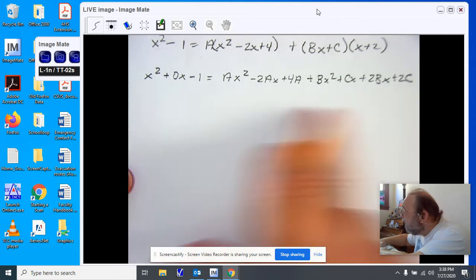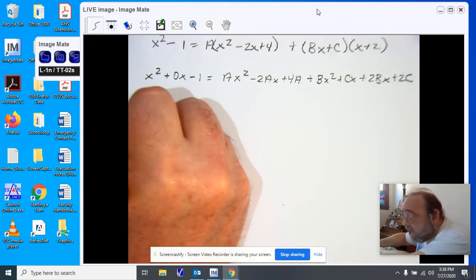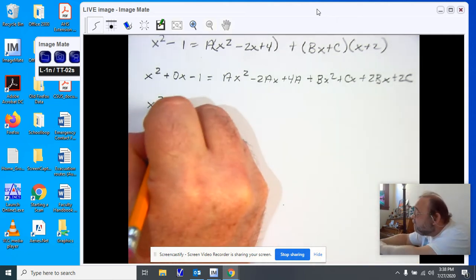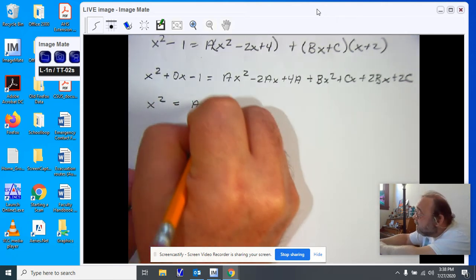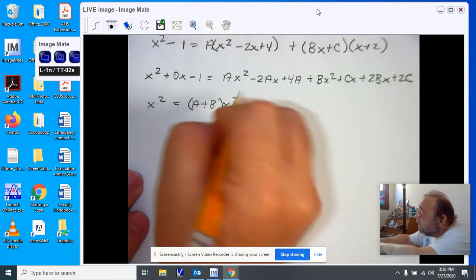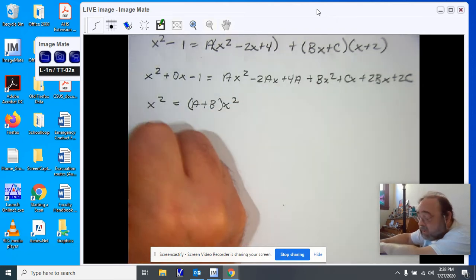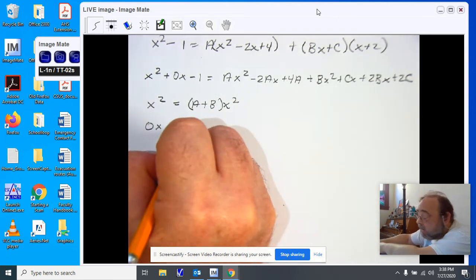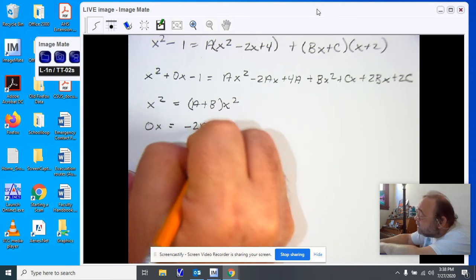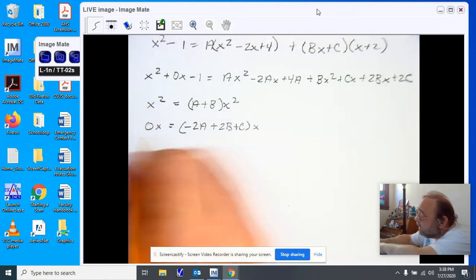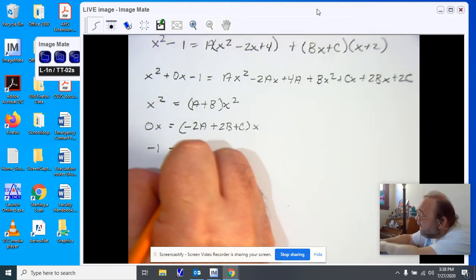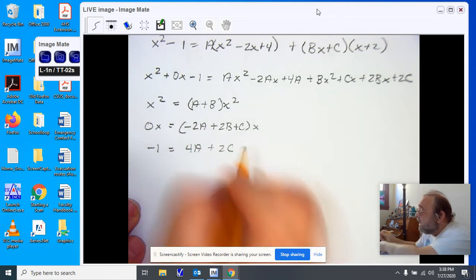Now I can start pairing everything up because I know that the x squared is going to have to be made by the a plus b x squared. And I know that the 0x is going to be made by the negative 2a plus 2b plus c x. And I know that the negative 1 is made by 4a plus 2c.